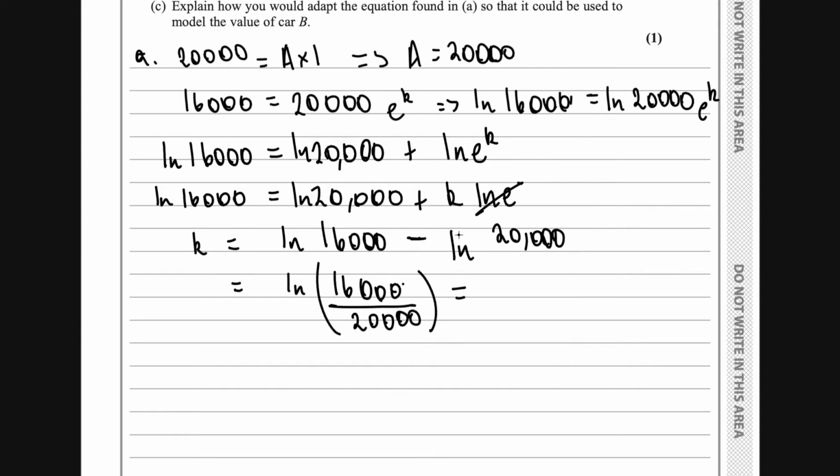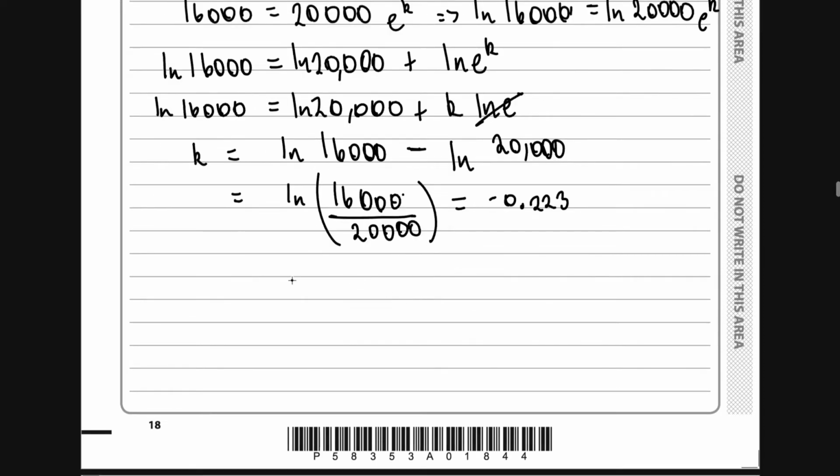And we will find that the answer to that, which I'm going to give in approximately 3 significant figures, is going to be minus 0.223. And that gives us the equation that v is equal to 20,000, which is our a value, multiplied by e to the power of minus 0.223 t.